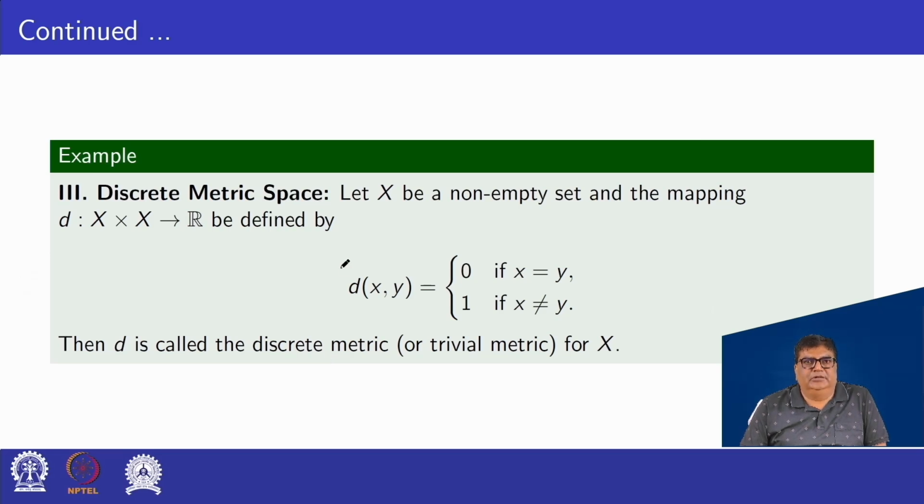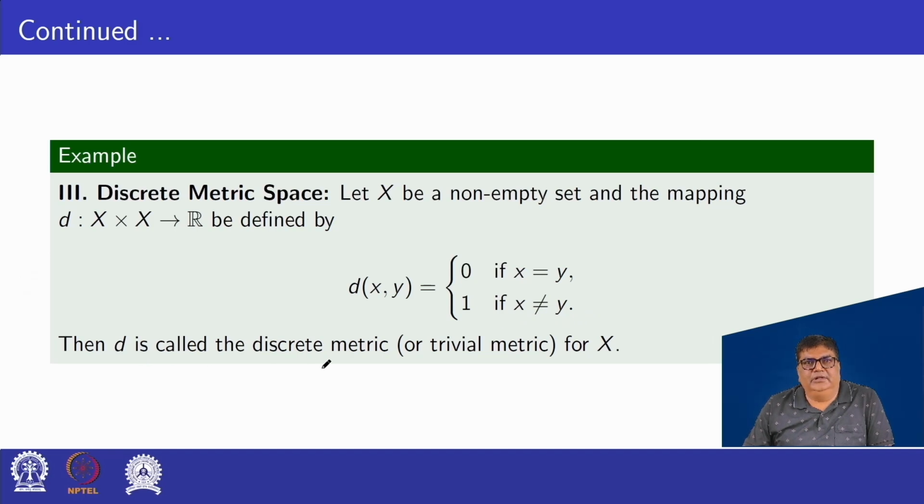Third example, discrete metric space. Let X be non-empty set and the mapping D such that X cross X to R be defined by dxy is equal to 0 if x is equal to y and 1 if x not equal to y.